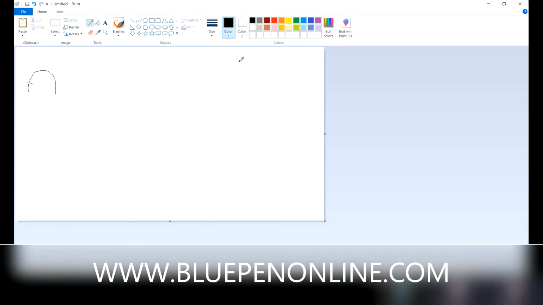So here you have to divide into 4 quadrants: upper right, upper left, lower right, and lower left. Just see from upper left, upper right, then below upper right is lower right. Then below lower right is lower left. So it goes in a clockwise, anti-clockwise direction.